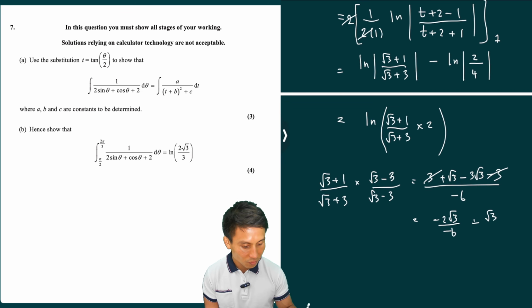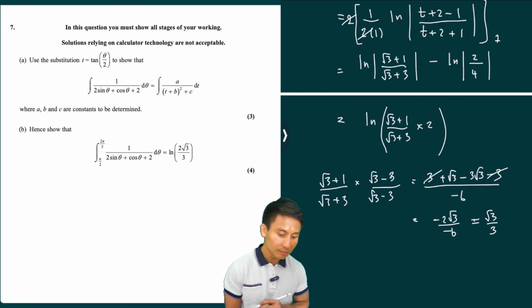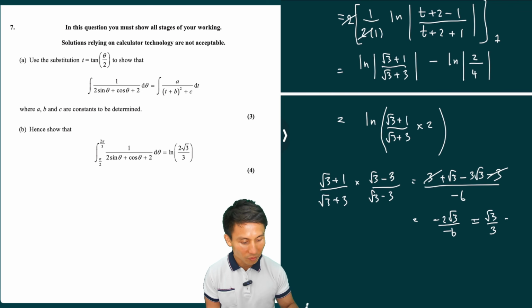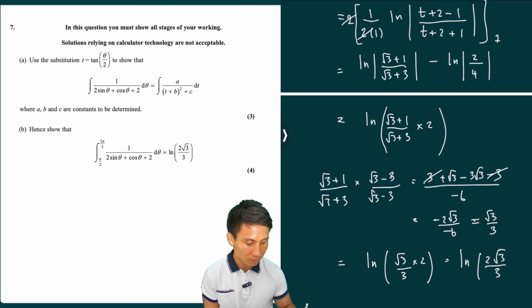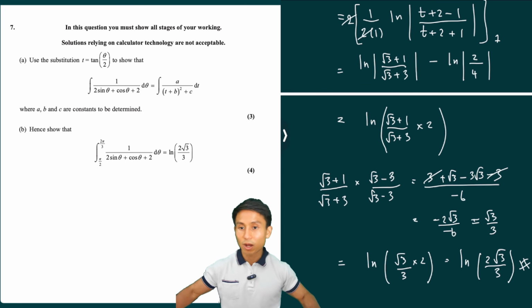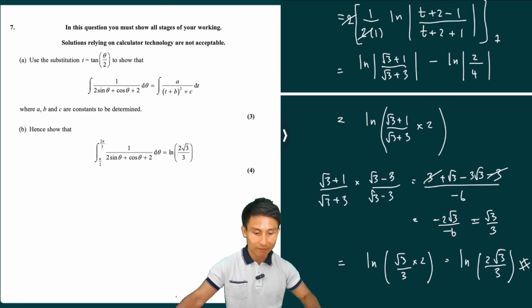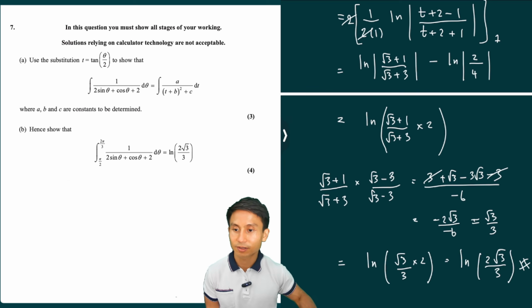That's root 3 over 3 if you simplify that, which is 1 over root 3. I'm going to keep root 3 over 3 because they have root 3 over 3 there. Hence it's going to be equal to ln of root 3 over 3 times 2, or just put it exactly as they want there, 2 root 3 over 3, as required. So that's it for question 7.